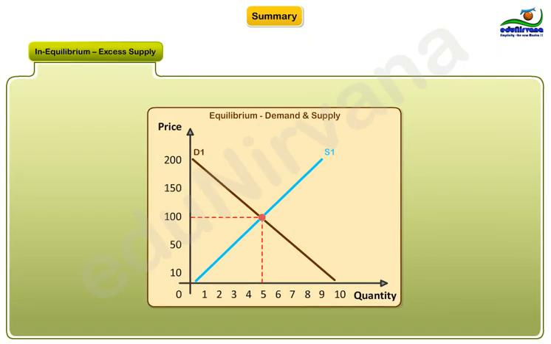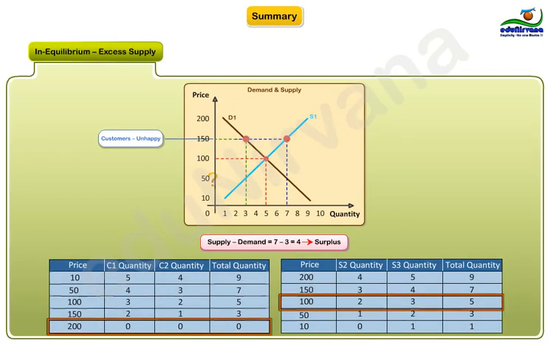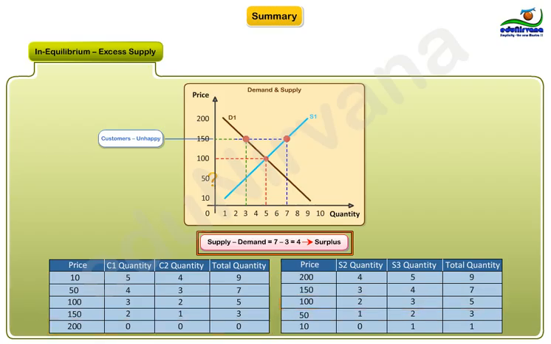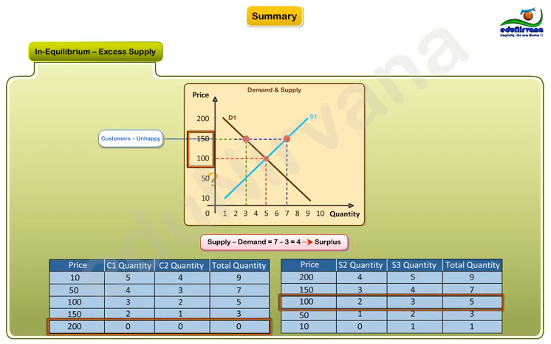Then, the situation where the market is not in equilibrium was considered. Excess supply or surplus. Market not in equilibrium. Quantity demanded is lower than quantity supplied. This happens when the prices are higher than equilibrium.